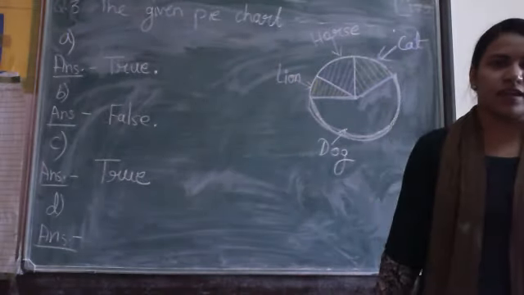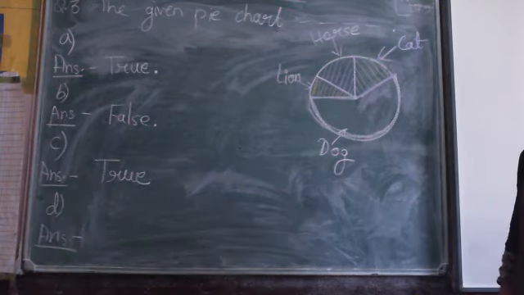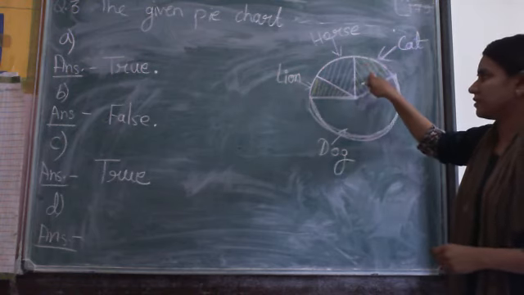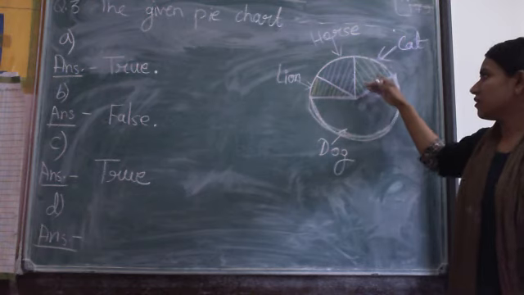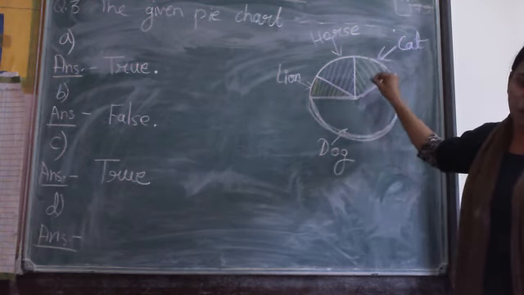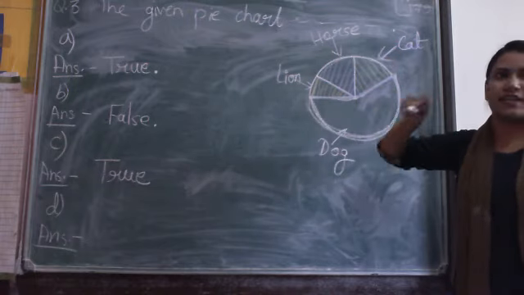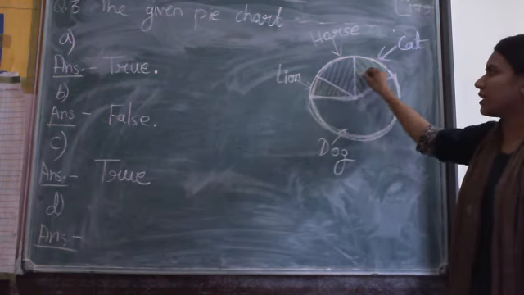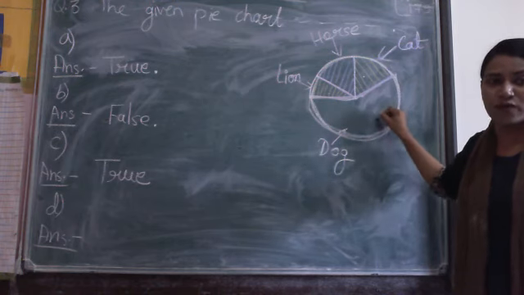In question number D, the writer is asking us that if we join lion, horse and cat and compare with the children who are liking dog. So they are saying that more children are liking these three together. If we add all these three and compare with dogs, children are liking dogs more, right?